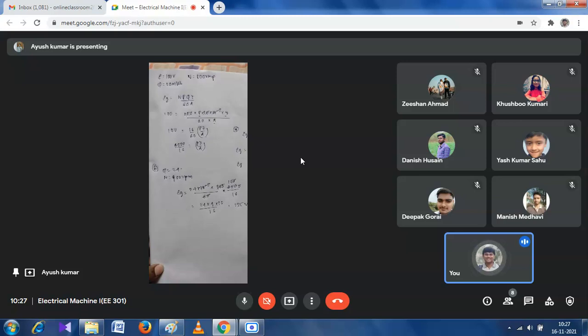So Eg is equal to P phi Nz by 60A. The values of P, Z, or A are not given. So we are saying that though the machine is the same, these quantities are constant.